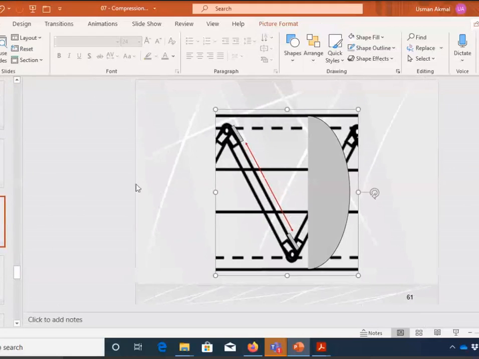So for example, the section is bending about this axis, the y-axis. So if this is bending about the y-axis, I have inverted it. One member will be in tension, the bottom part, and above will be in compression.